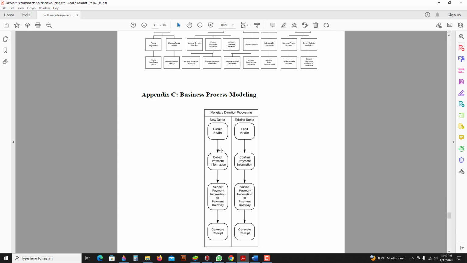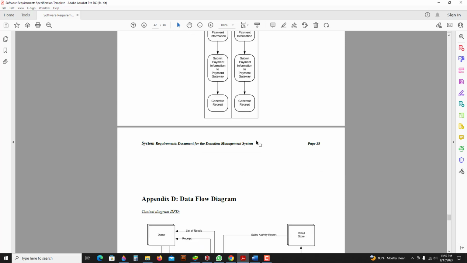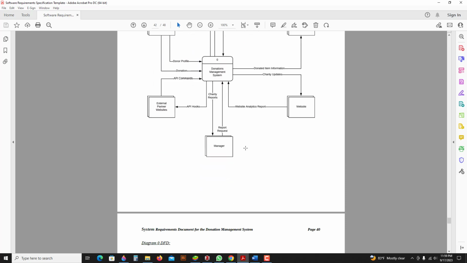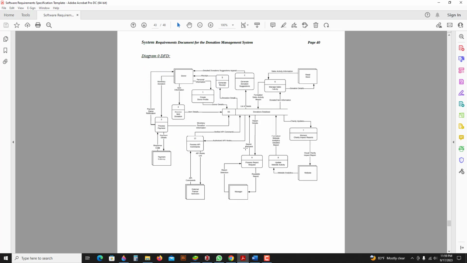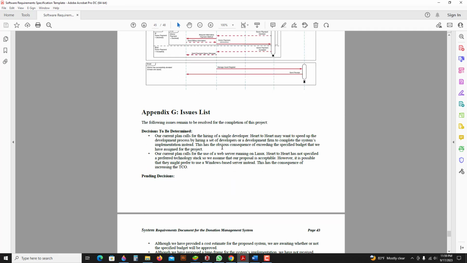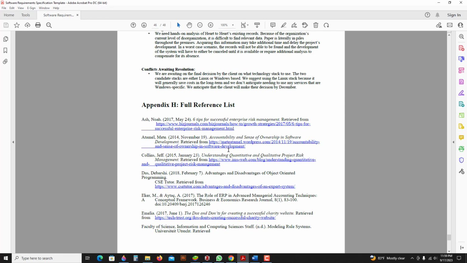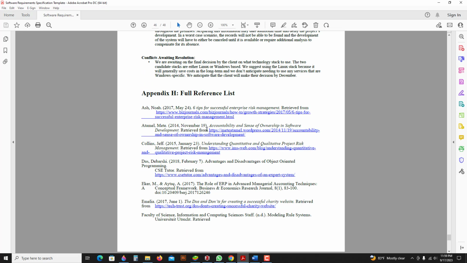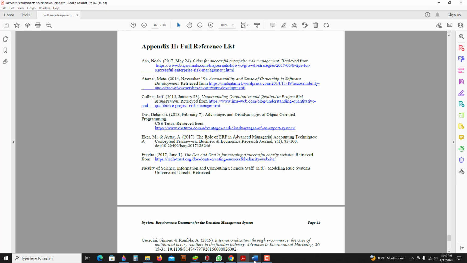Appendix C, she wants process modeling. So a bunch of diagrams, all right? So the appendix seems pretty easy as well. Just a bunch of diagrams, really. Nothing too bad. And then, of course, appendix H is just the reference, which I showed you guys already.